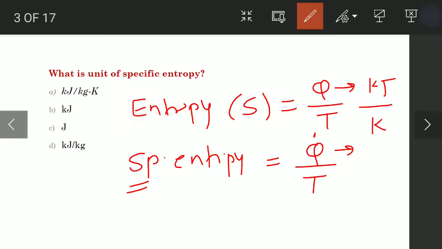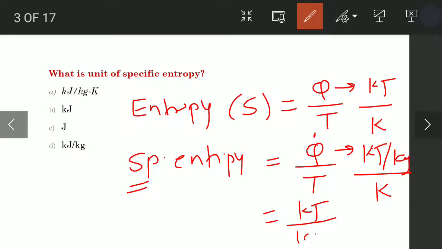For specific entropy, this q is in kilojoule per kg, divided by temperature. The unit of specific entropy is kilojoule per kg Kelvin.